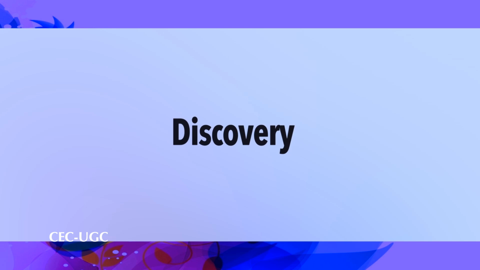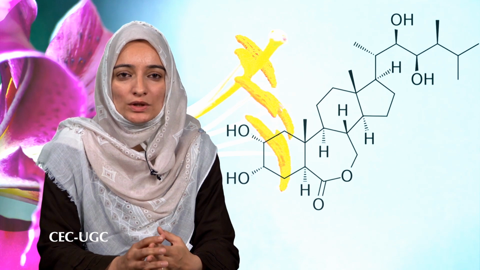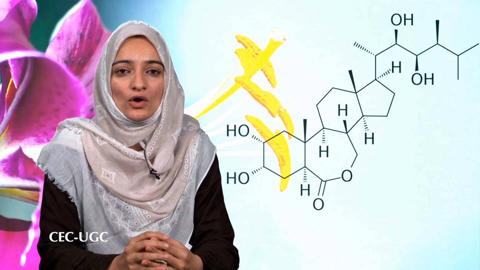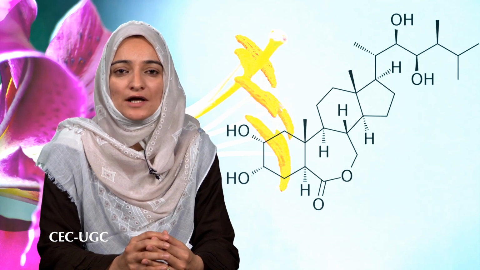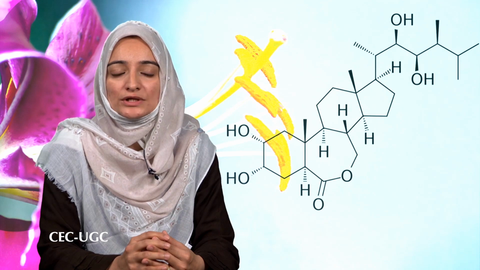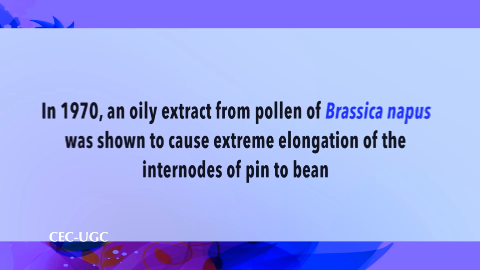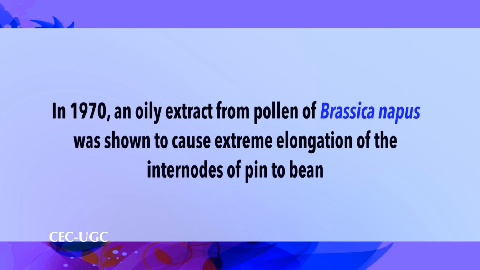Something about their discovery. Plant pollen has been considered for a long time to be rich in compounds with growth promoting activities. In 1970, an oily extract from pollen of Brassica napus was shown to cause extreme elongation of the internodes of pinto bean.